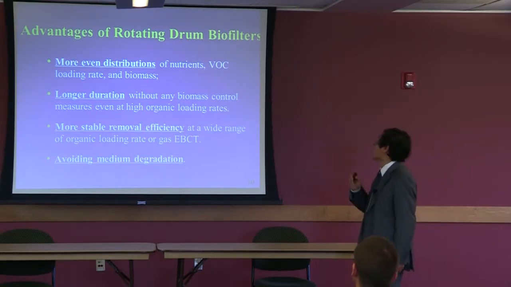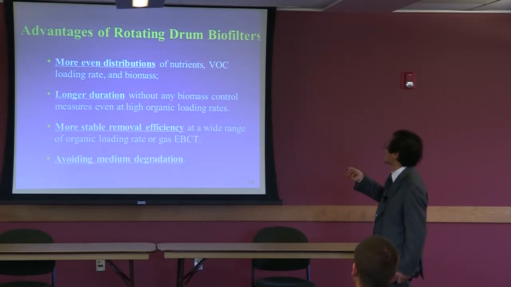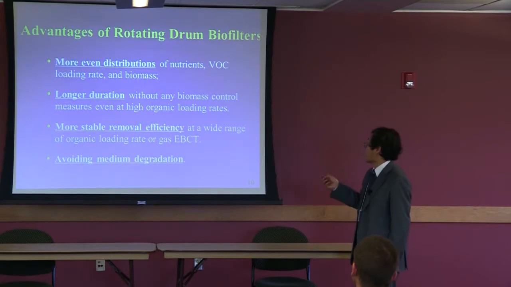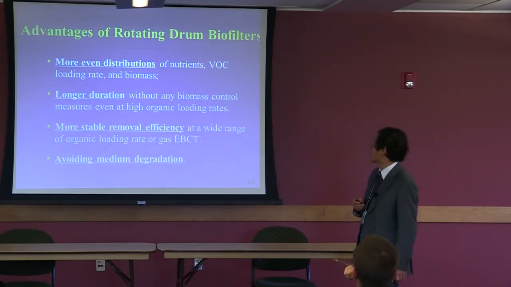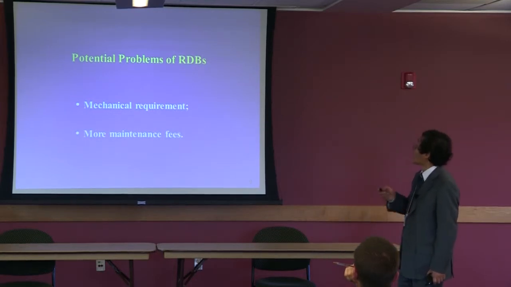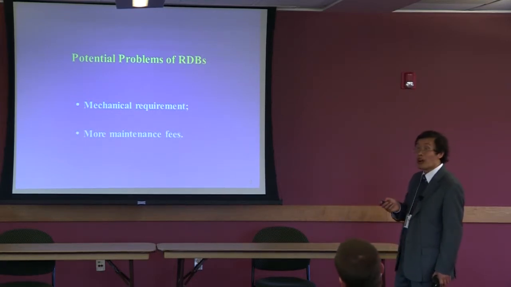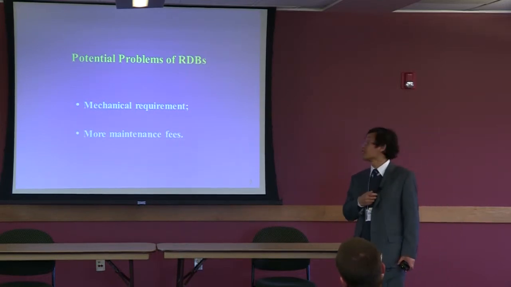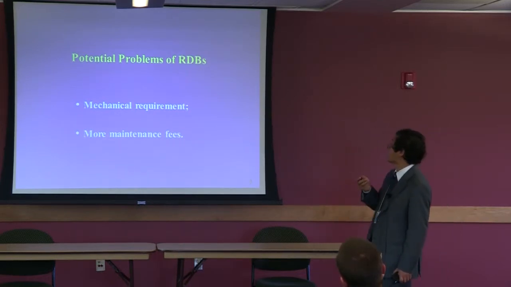It distributes the nutrient and VOC loading more evenly, gives long durations and more stable removal efficiency, and it can avoid medium degradation. However, there are also potential problems for these biofilters, such as mechanical requirements and more maintenance fees.